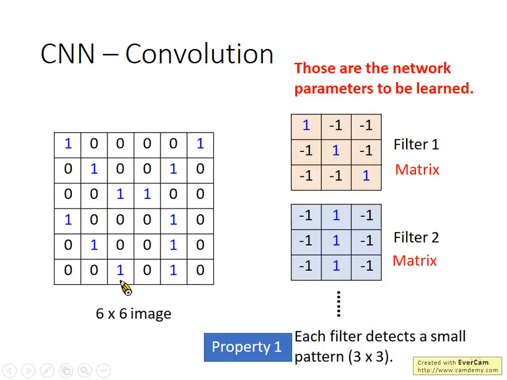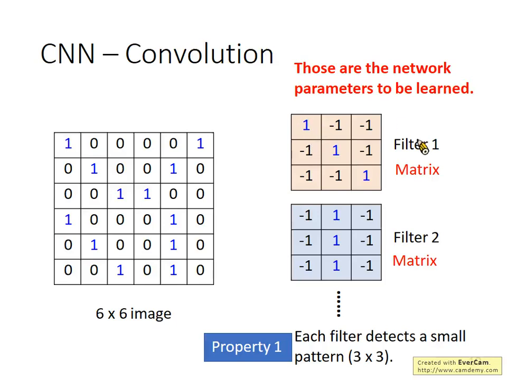Assume that we have a 6x6 image, and right now the intensity value of this image is either 1 or 0. So this is a very simplified example, basically a black and white image. Assume that we now use two different kinds of filters to do convolution.